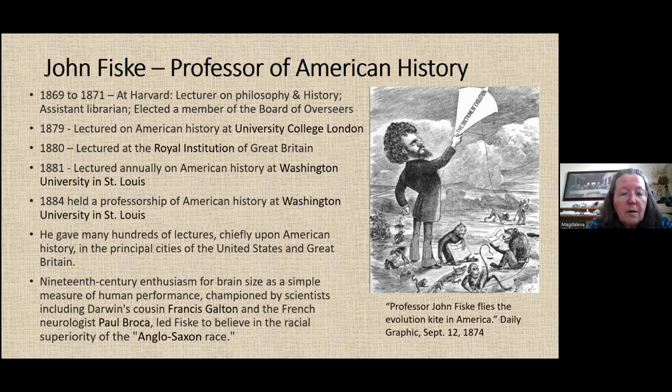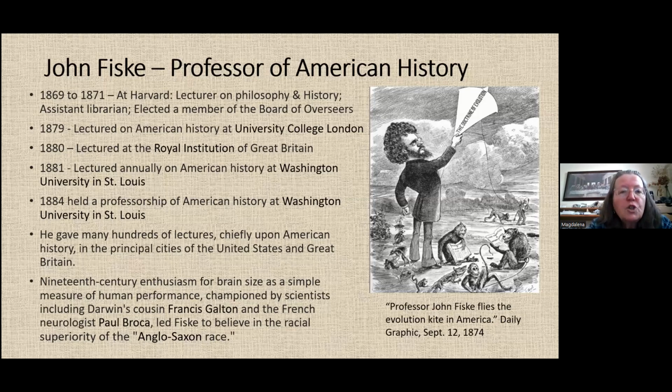And this 19th century enthusiasm for brain size as a simple measure of human performance, championed by scientists including Darwin's cousin Francis Galton and the French neurologist Paul Broca, led Fiske to believe in the racial superiority of the Anglo-Saxon race.